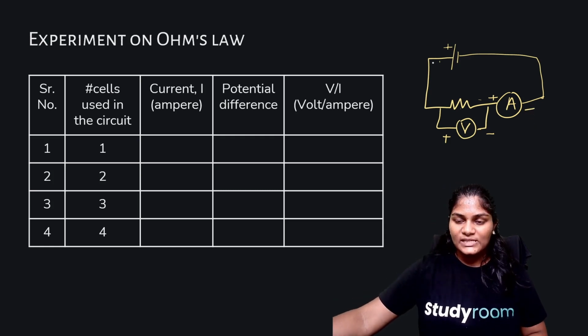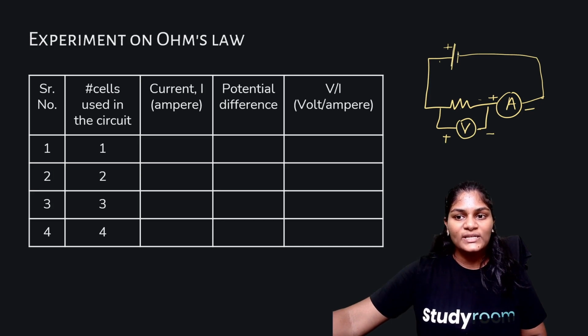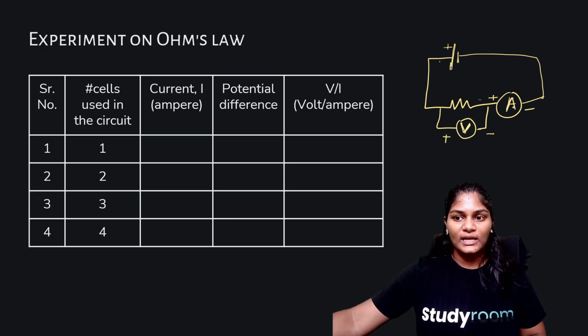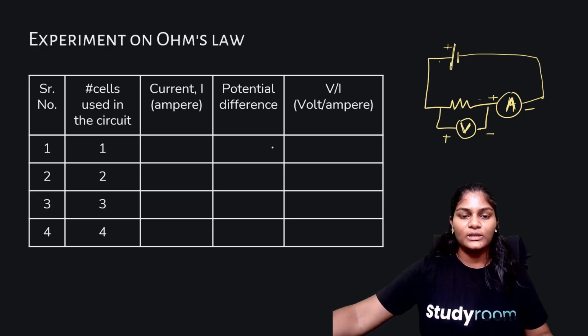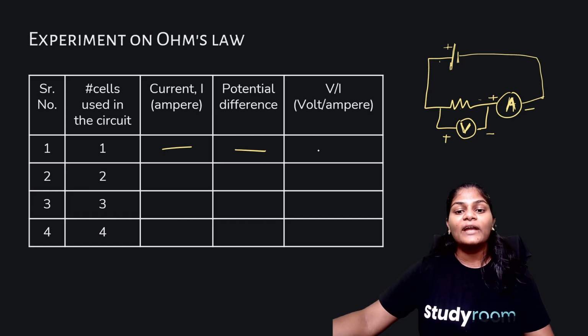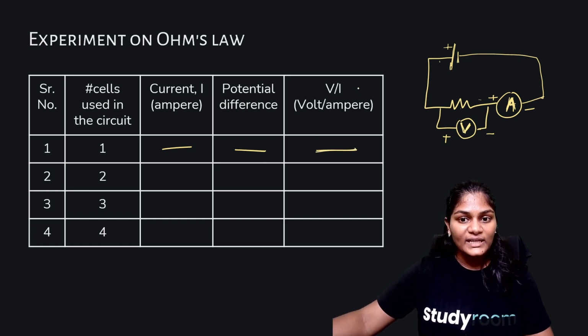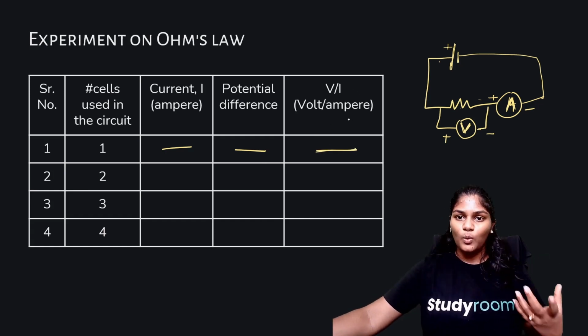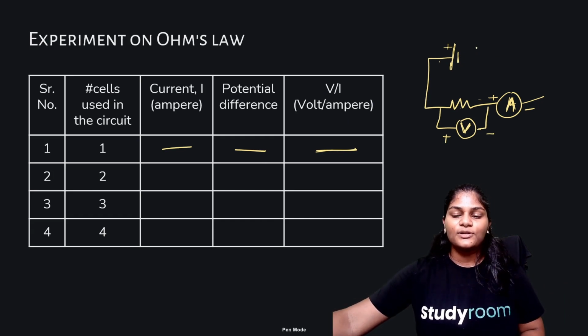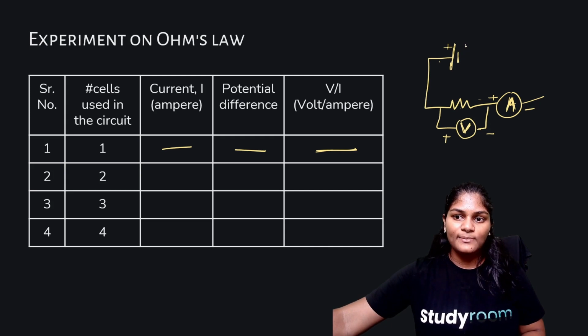So what happens is, when we just use this one cell and we note down the value of V and A, or what the ammeter and voltmeter readings are, we write it down here, ammeter reading and voltmeter reading, and we calculate by dividing V by I, we calculate one quantity. Now, when we increase the number of cells, instead of 1 cell, I make this 2 cells.